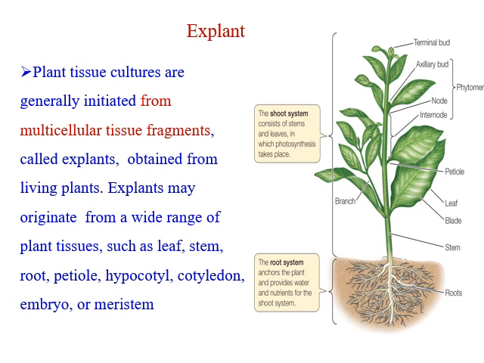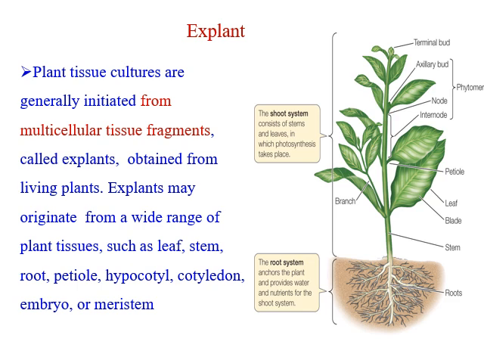It may originate from a wide range of plant tissues such as leaf, stem, root, petiole, hypocotyl, cotyledon, embryo, or meristem, and so on.